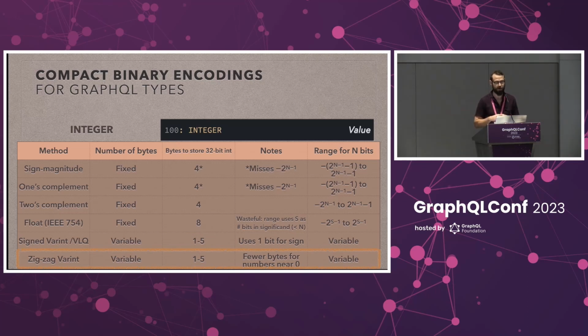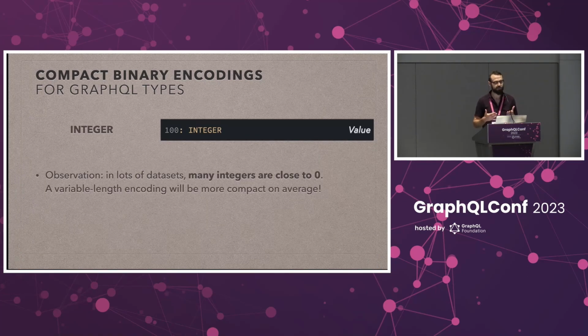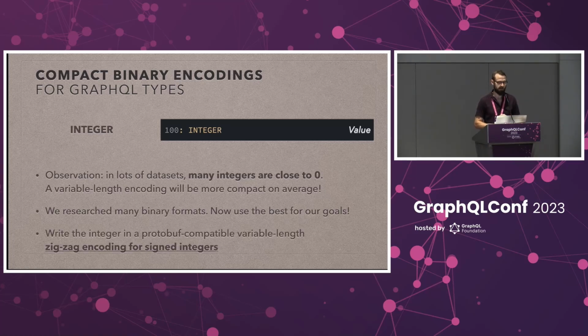We don't really have time to walk over how we'd make that decision, but let's just observe that in lots of data sets, many integers are close to 0, and a variable length encoding will be more compact on average. So we just researched many binary formats. Now let's use the best one for our goals. For our integers, let's write the integer in a protobuf compatible variable length zigzag encoding for signed integers.